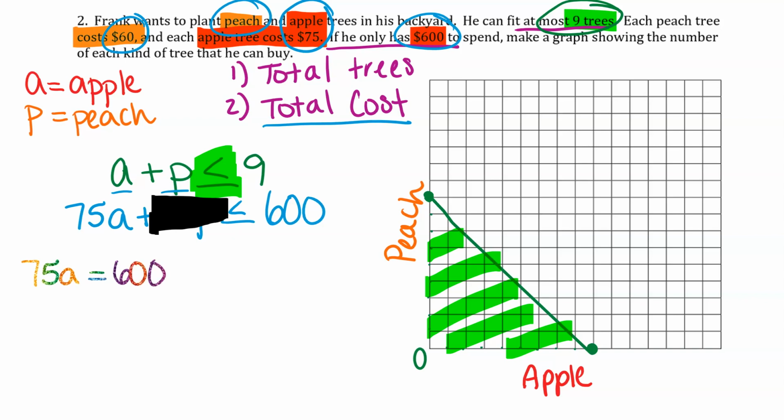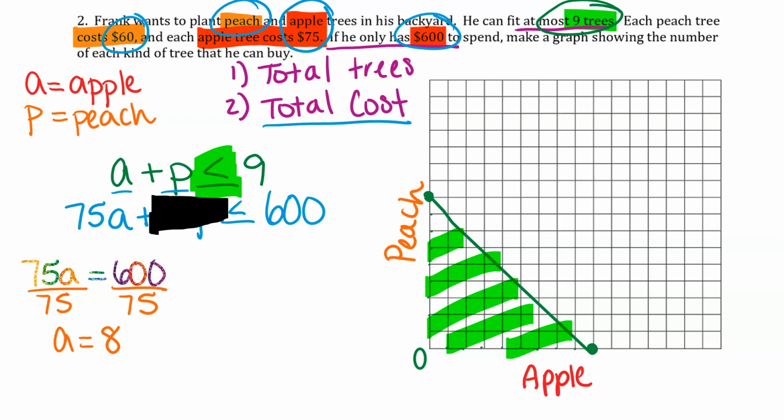To get A by itself, I just need to divide by 75. 600 divided by 75 is 8. So that's the point I'm going to put on my apple axis.